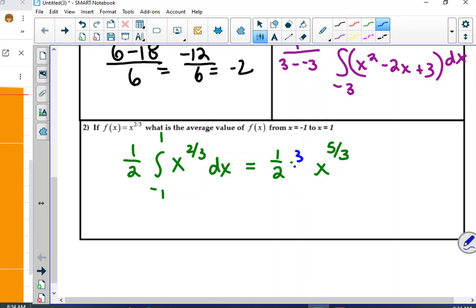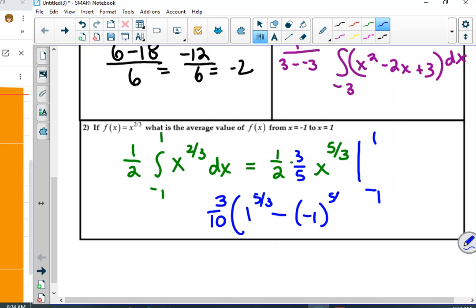This is what I get for not looking down at my key, from -1 to 1. This would be a really good question to do by hand because the numbers are not terribly difficult. So we end up with 3/10 times 1 to the 5/3 minus -1 to the 5/3.